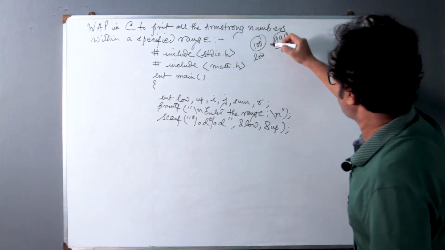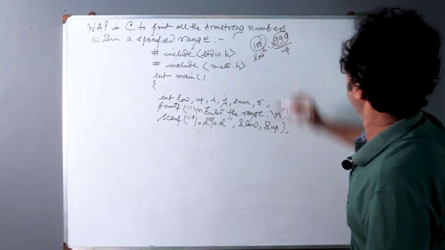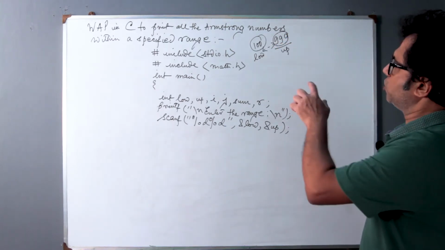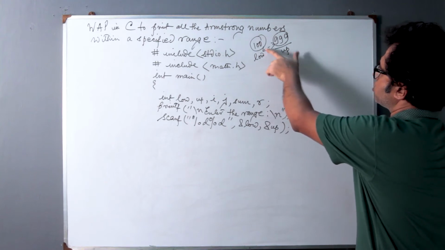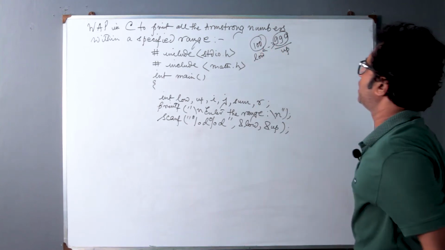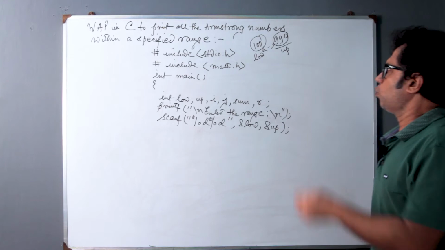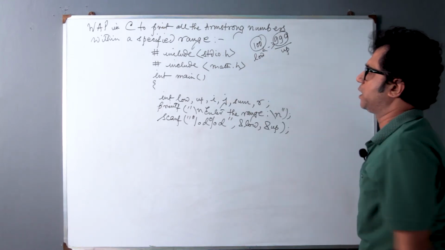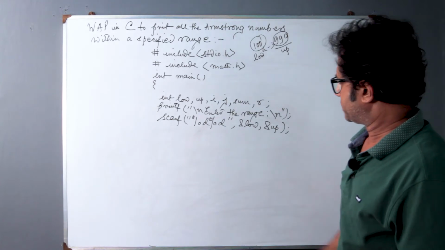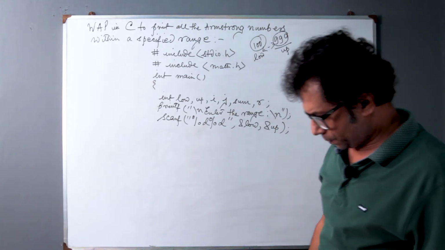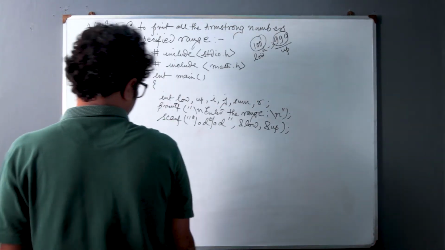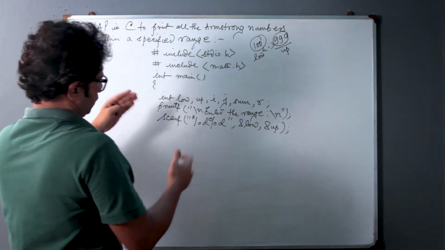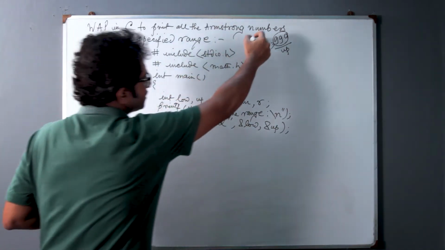So we have to find all the Armstrong numbers falling within the range up to 999. Whichever Armstrong numbers are falling within this range will get printed as an output of this program. So let us now take an outer loop for dealing with this range.